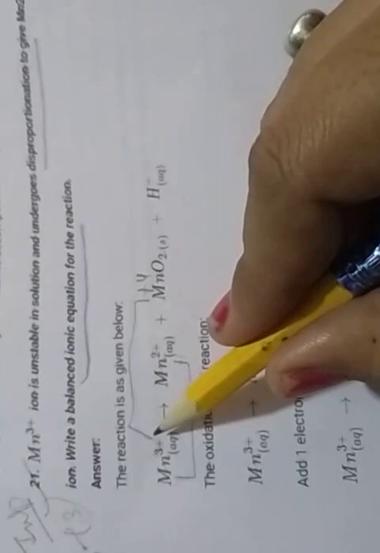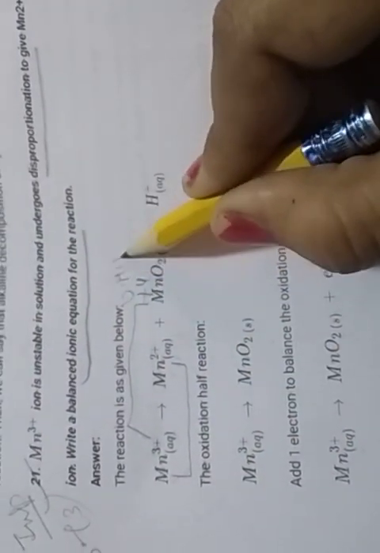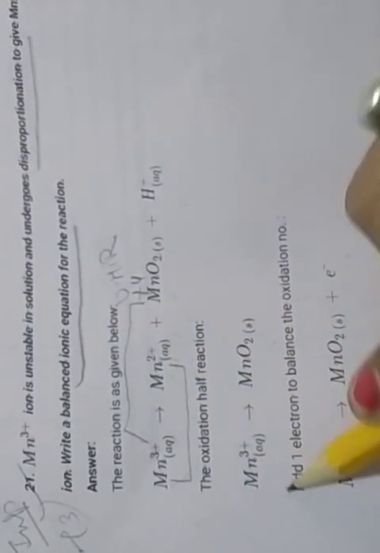So here you see Mn3 plus converts into Mn2 plus, this is one reaction, and here 3 plus converts into plus 4. First the oxidation half reaction: Mn3 plus converts into MnO2, because plus 3 converts into plus 4, loss of electron.